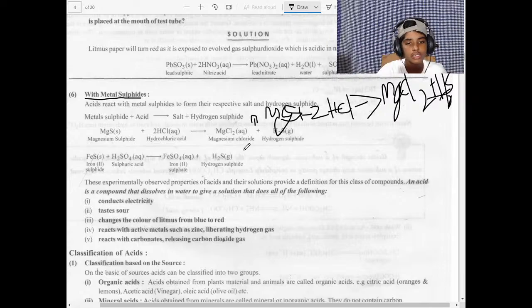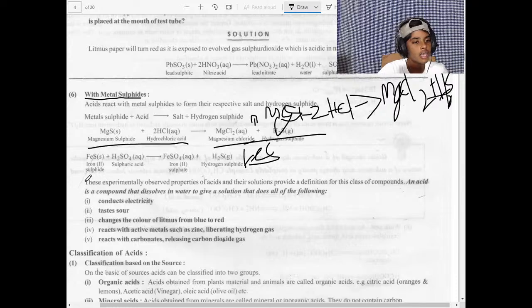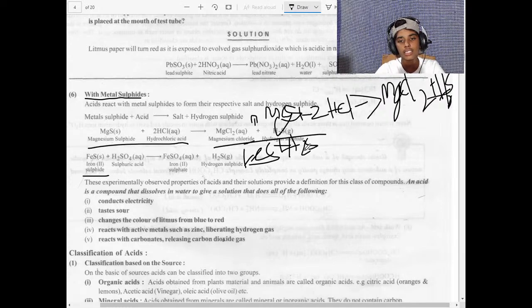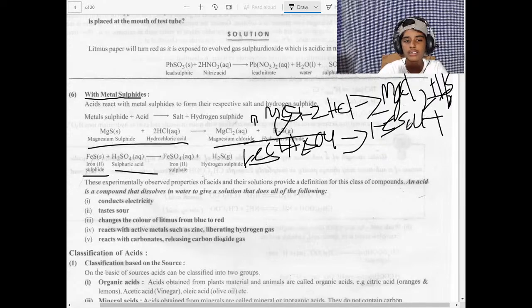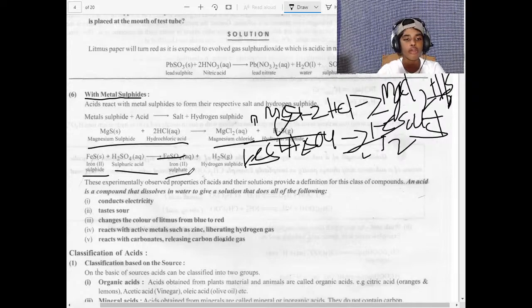Next one, FeS means iron sulfide, plus H2SO4, sulfuric acid. It will give FeSO4 plus H2S. FeSO4 means iron sulfate.